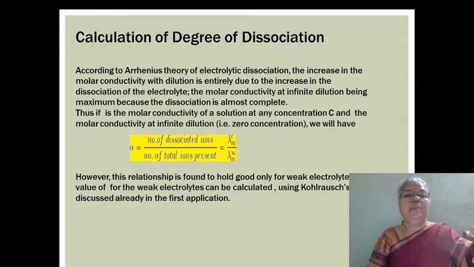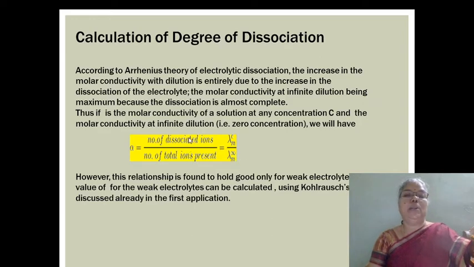Thus, if we take the molar or equivalent conductivity of the solution at any concentration C and the molar conductivity at infinite dilution, that is zero concentration, the degree of dissociation is the ratio of the number of dissociated ions, that means λ at a certain dilution, divided by the number of total ions present at infinite dilution.